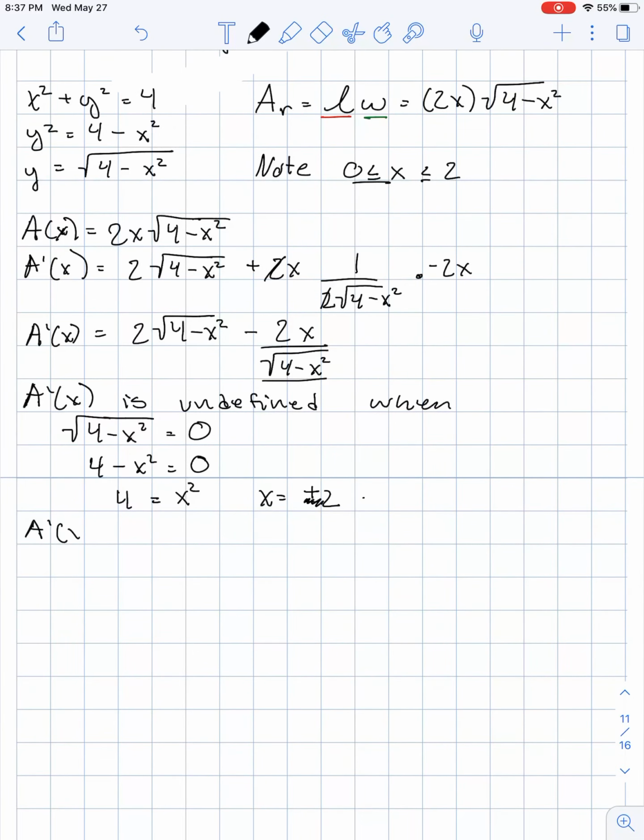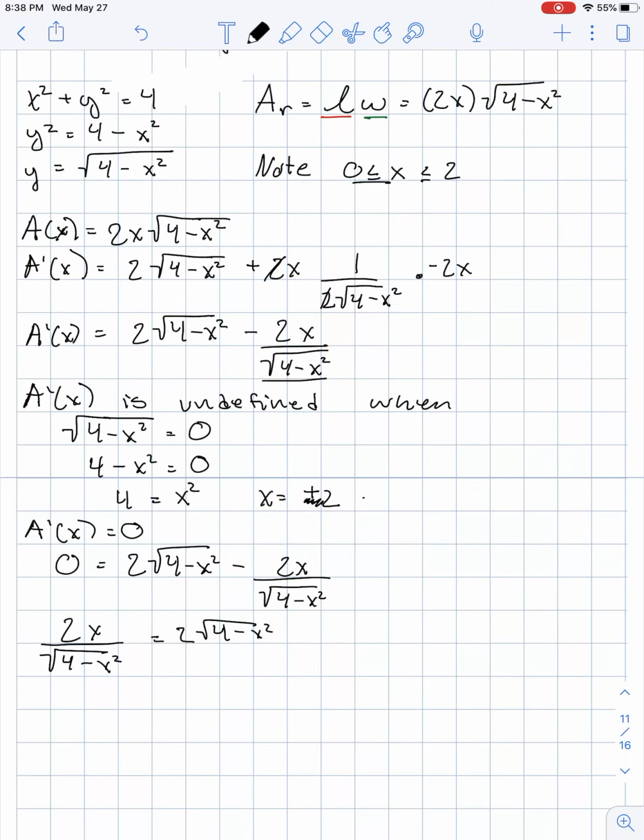So now we're going to set our derivative equal to 0. So we have 0 equal to 2 root 4 minus x squared minus 2x squared over the square root of 4 minus x squared. Going to add this big fraction to the other side because it's negative. So I'll have 2x squared over root 4 minus x squared equal to 2 times root 4 minus x squared.